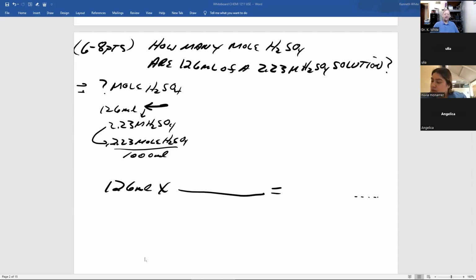I'm asking what units do I want my answer to be? And the answer is right up here, moles of H2SO4. Now, it's time for you to use your good buddy, your good friend, unit analysis. What units and numbers go on top and bottom of that ratio?